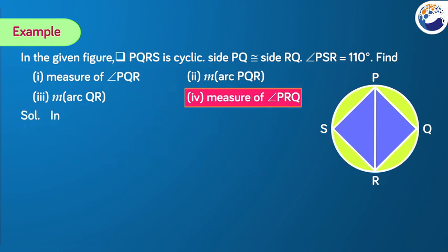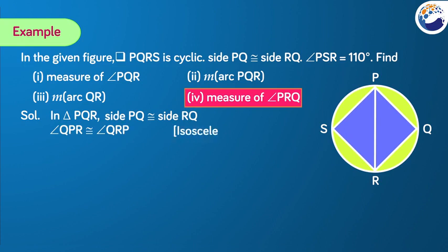4. In triangle PQR, side PQ is congruent to side RQ. Angle QPR is congruent to angle QRP, by the isosceles triangle theorem. Let angle QPR equal angle QRP equal x degrees.